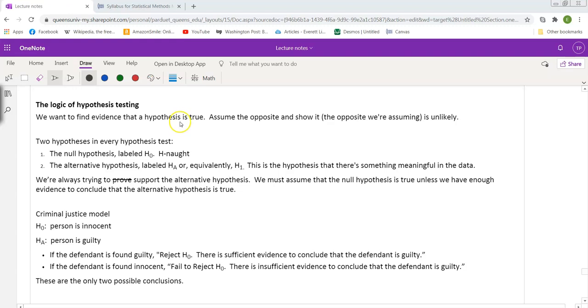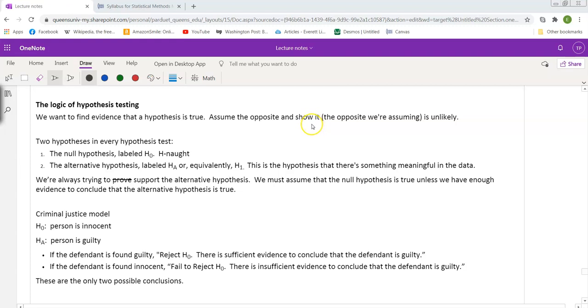So, big picture, how does this work? And that's what this lesson is going to be. We want to find evidence that a certain hypothesis is true. With hypothesis testing, we're going to assume that the thing we want to show is true is not true, and we're going to show that that is unlikely.